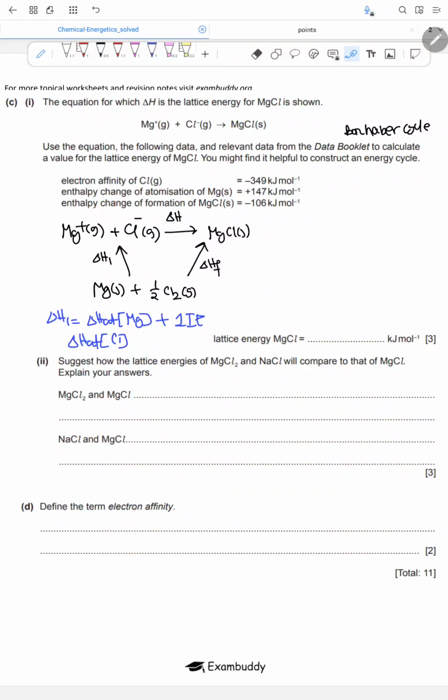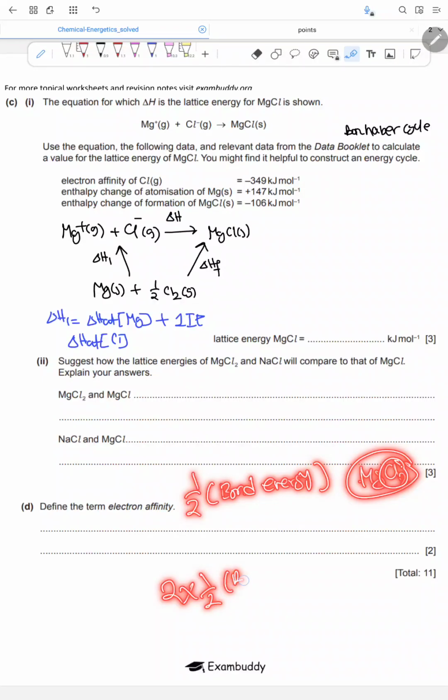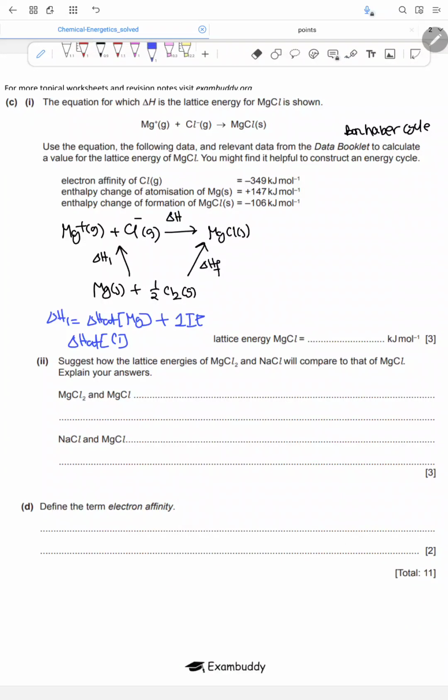For gaseous particles particularly, it's half the bond energy. That means for one chlorine atom, we'll need half its bond energy. If it was magnesium chloride, we would need 2 chlorine atoms, so we'll need 2 times half the bond energy. Then we have electron affinity, because we'll be adding an electron to it.